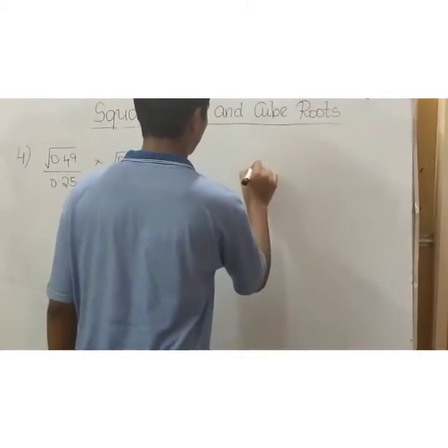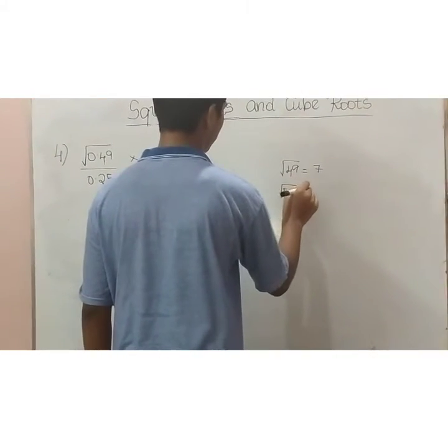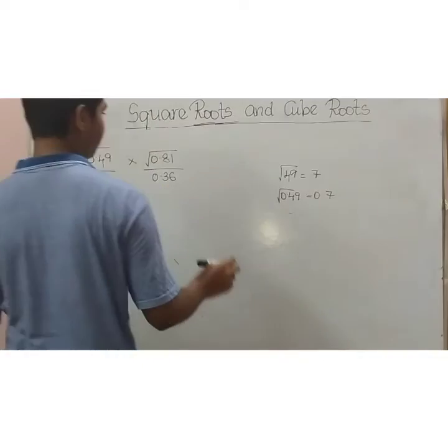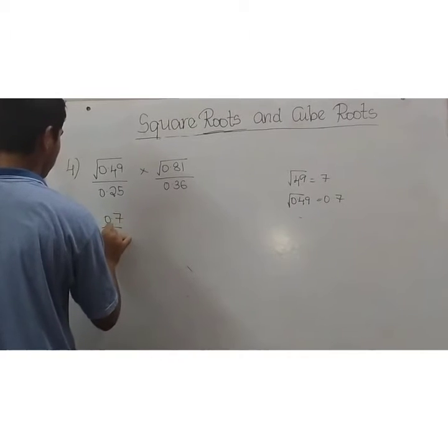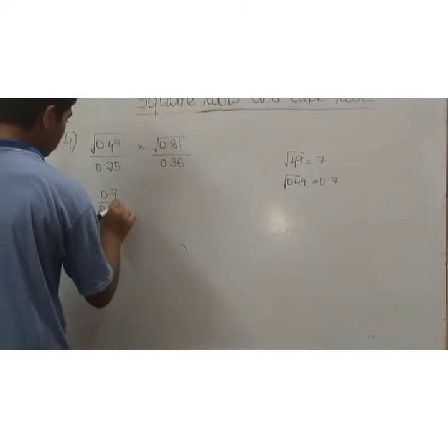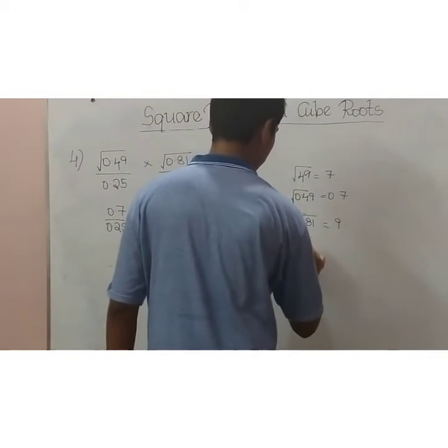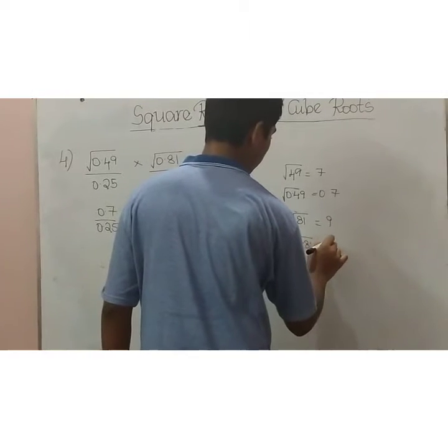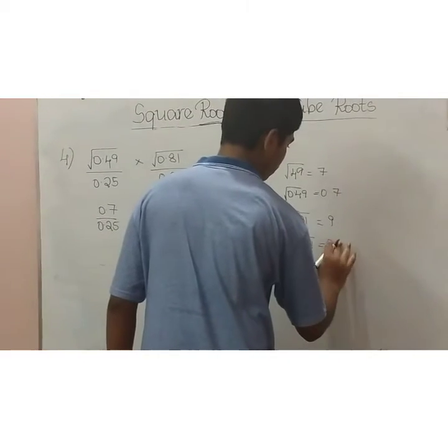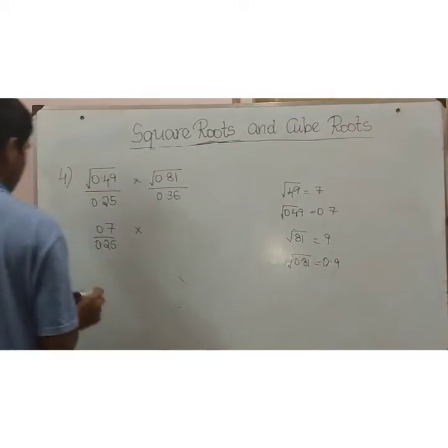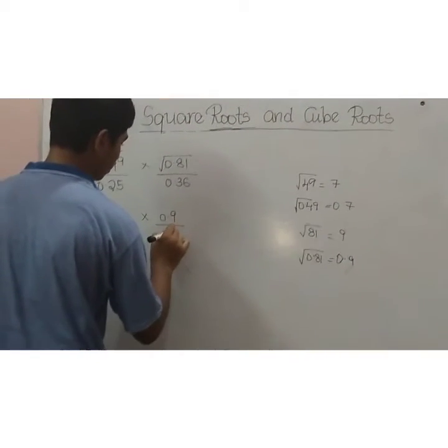We all know that root 49 is 7, and root 0.49 is 0.7. Root 81 is 9, and root 0.81 is 0.9.